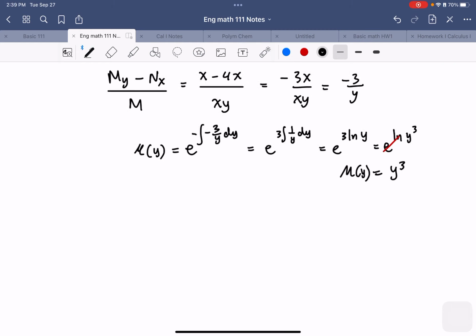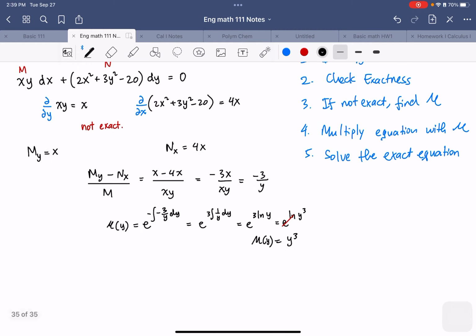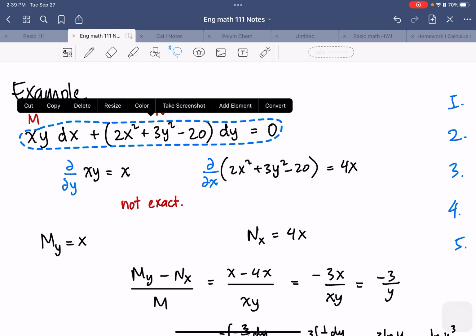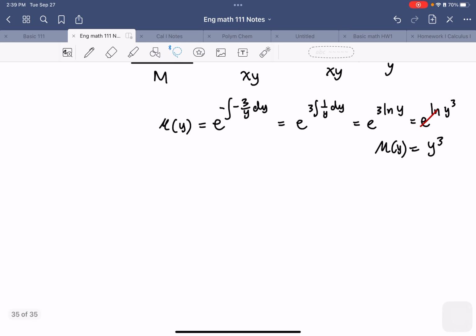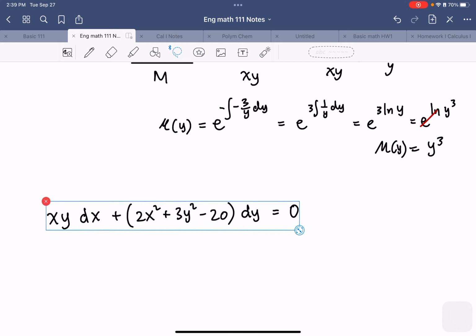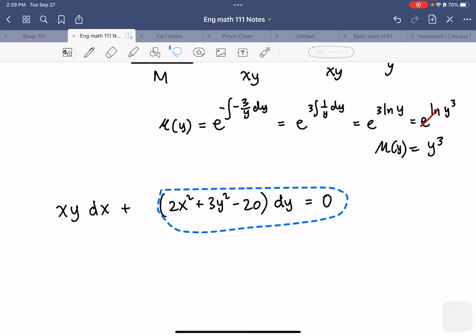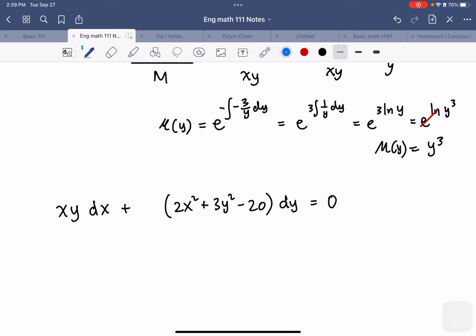Okay, now we would multiply our equation. Maybe let me just copy this and copy there. And then we multiply with y cubed.